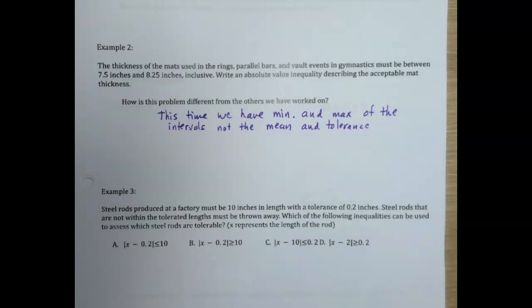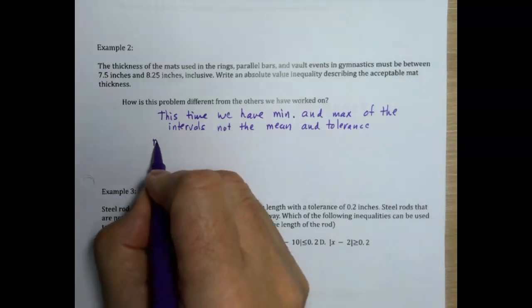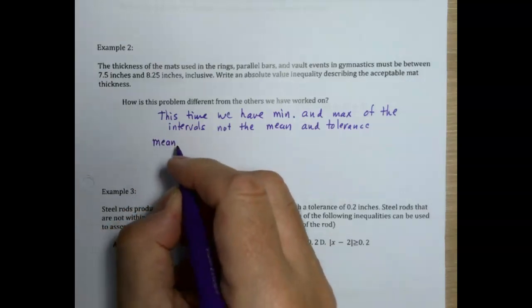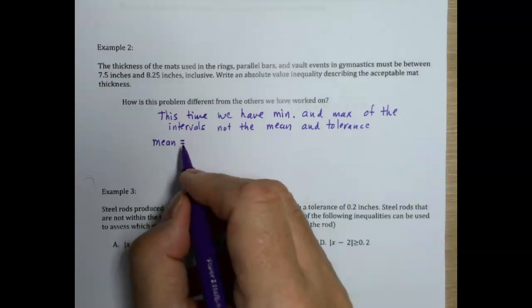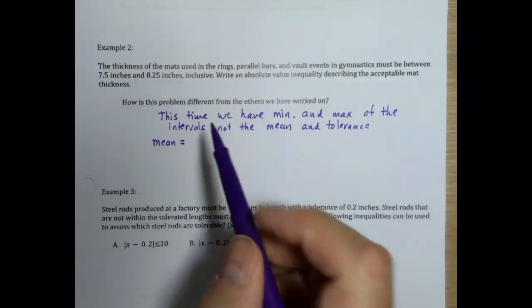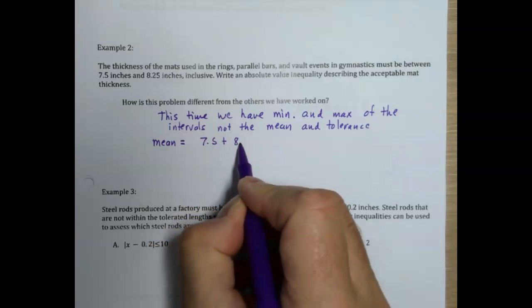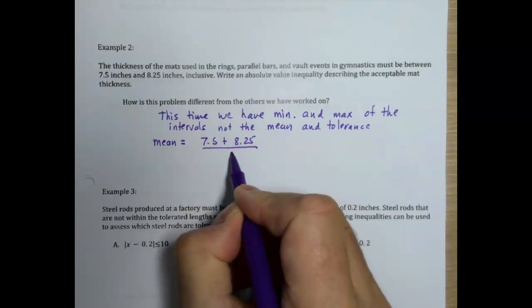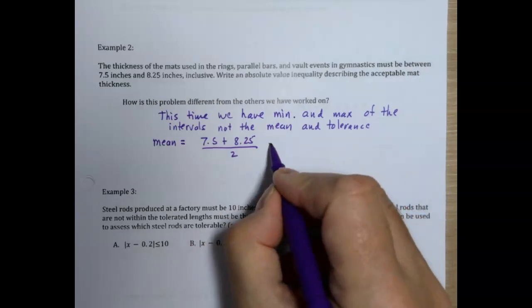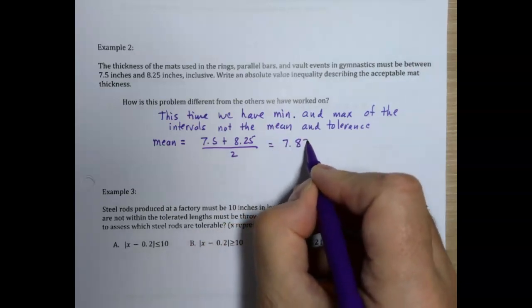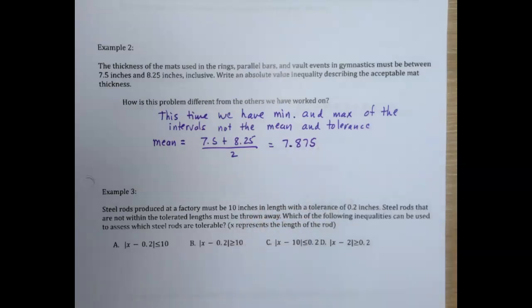So what we have to do is find the mean of these. First to find the mean: 7.5 plus 8.25 divided by 2. Remember, that's the two numbers divided by 2. Then we get 7.875. So that's the mean of these.